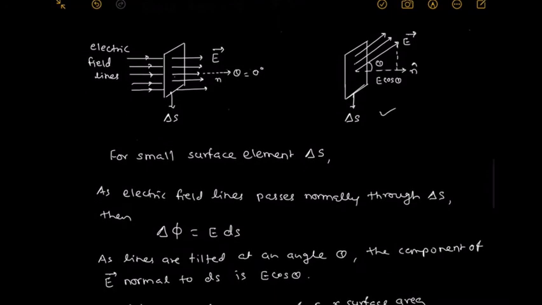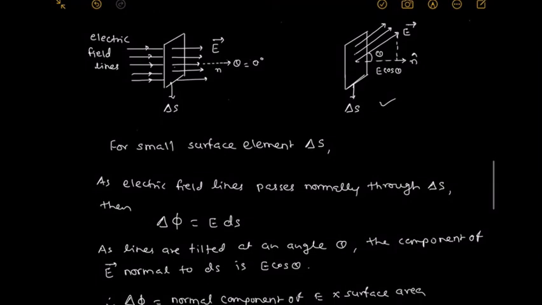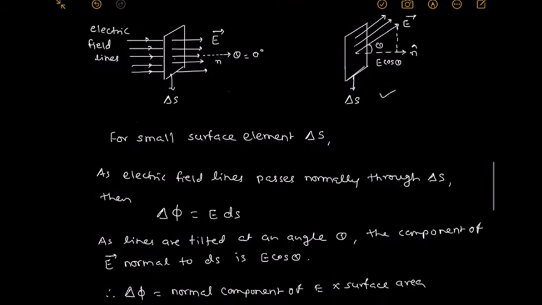As the lines are tilted at an angle theta, the component of the electric field normal to the small surface element dS is E cos theta. Hence, according to the definition, the normal component of the electric field multiplied by the surface area of the given plane.